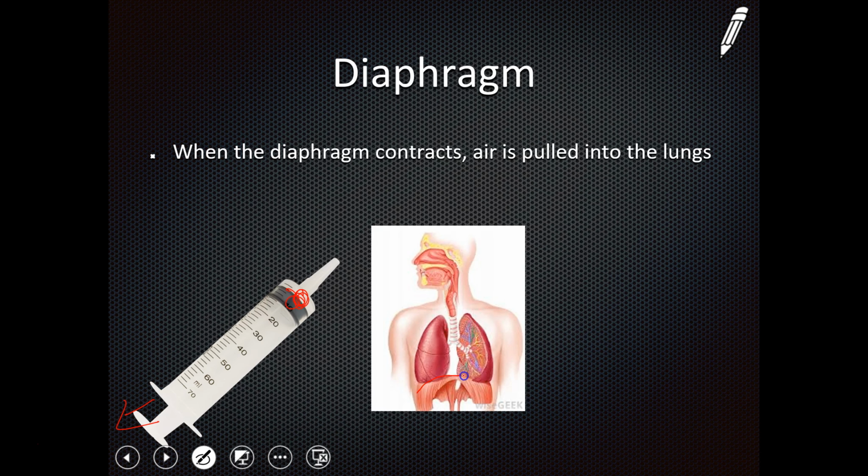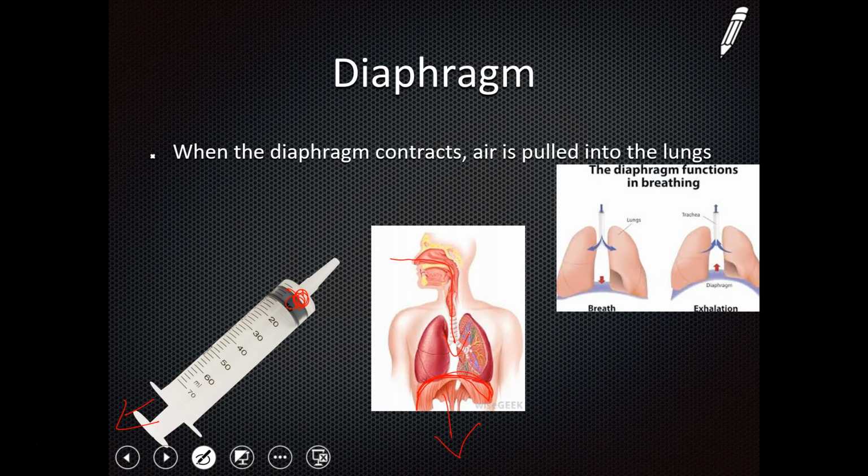This muscle right here, this is your diaphragm, and when it contracts, it pulls downward. When that pulls downward, it creates a vacuum, and the air goes down into your lungs, okay? So when you breathe in, the diaphragm goes down. When you exhale, the diaphragm actually goes back up, okay?